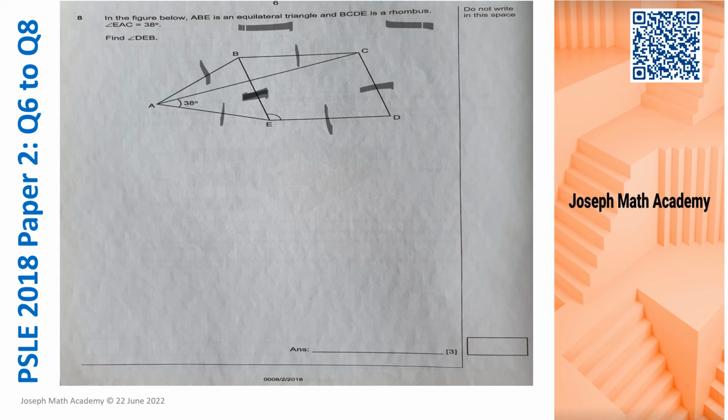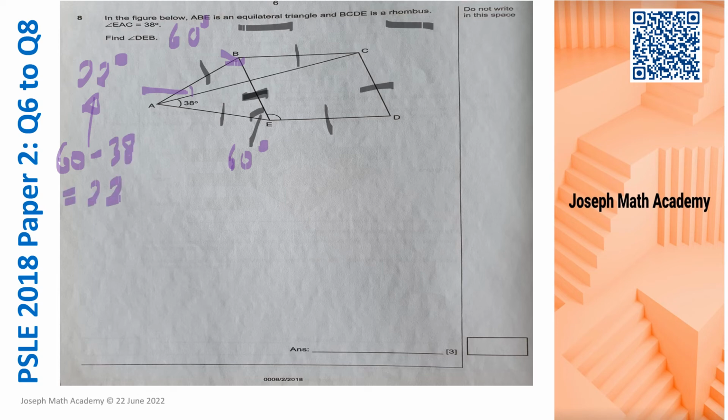All right, so from here, we can obtain this information. This angle here is 60 degrees because it's part of the equilateral triangle. And then the angle on top here is also 60 degrees, and the angle here is 22 degrees. Why? Because it is 60 minus 38, so it's 22 degrees.